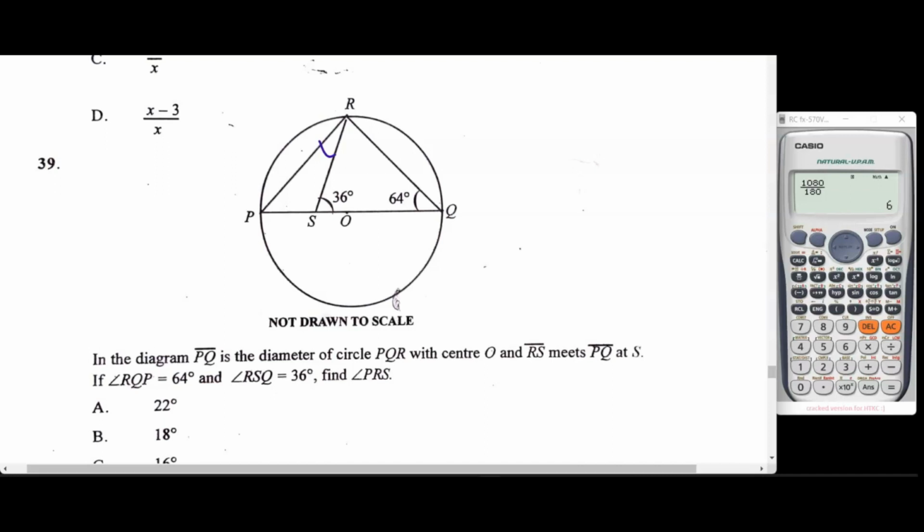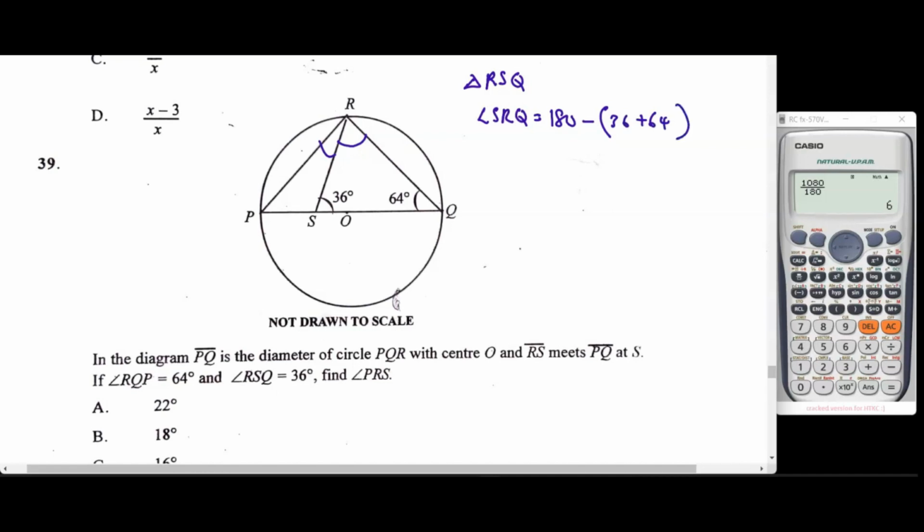Very interesting question. We simply need to work out the angle here, and from triangle RSQ, I believe we can find that. Because we know two interior angles of that triangle, we can find the angle R. So angle SRQ will be equal to 180 minus the sum of the two interior angles, which is 36 plus 64.